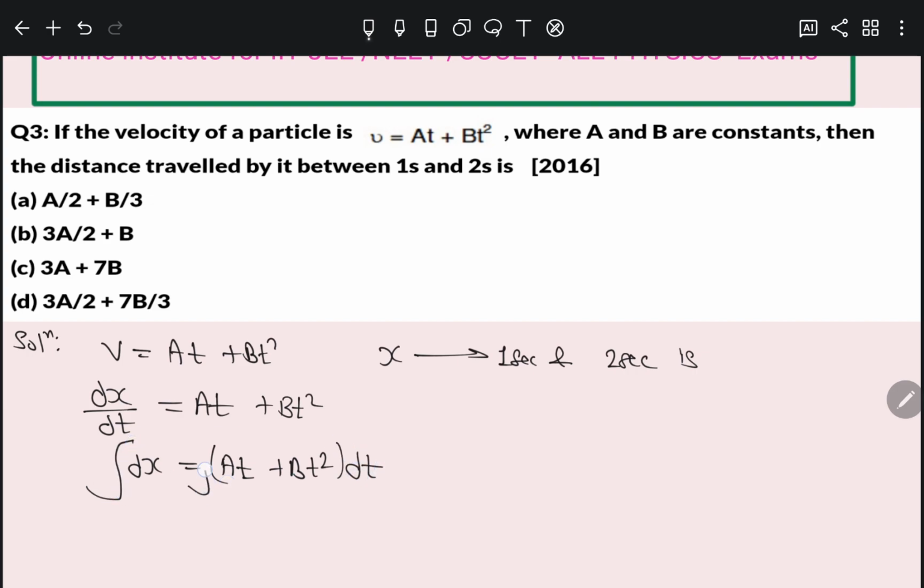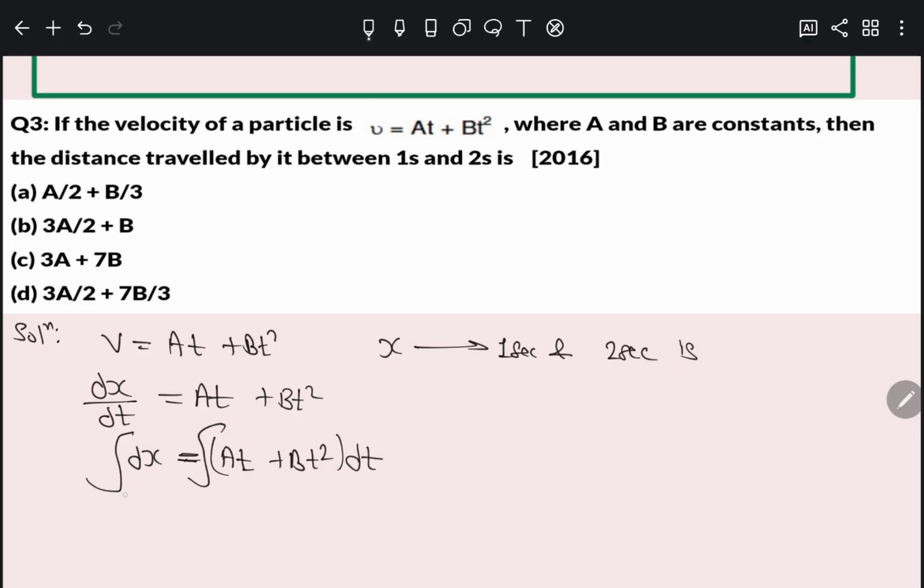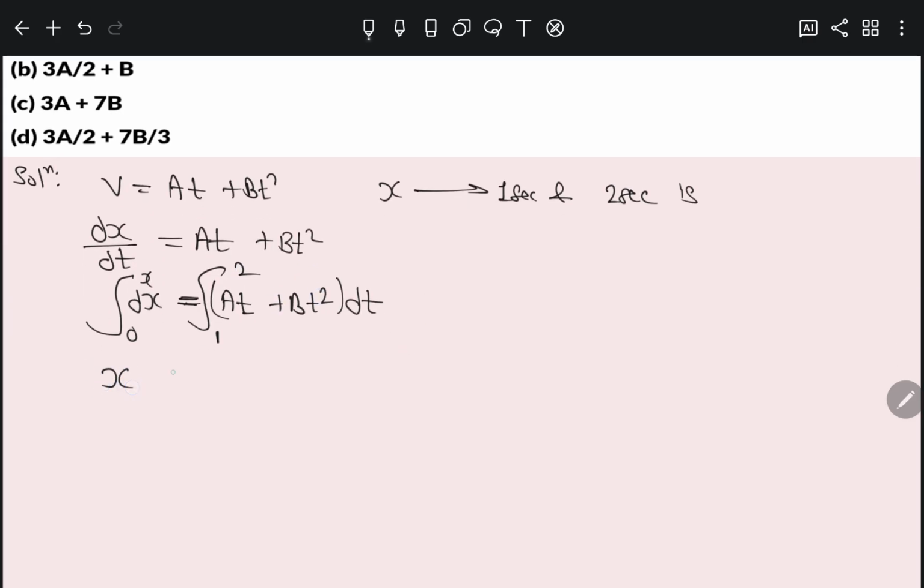So you have to do integration, right? And they are asking the distance traveled by it from 1 second to 2 seconds. So x is equal to at square by 2 from 1 to 2, plus bt cube by 3 from 1 to 2.